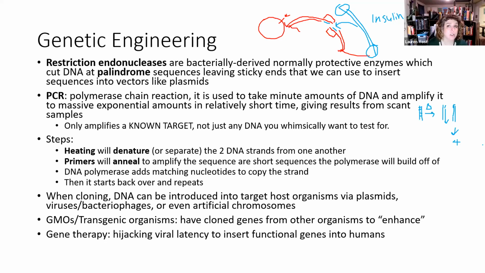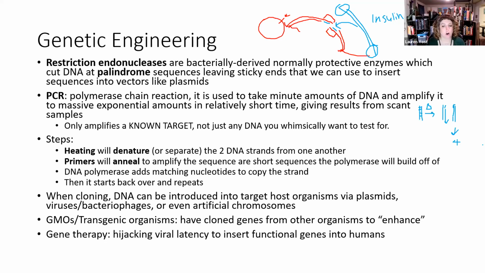Those anneal, or stick onto, those separated strands when we lower the temperature a little bit. Then the DNA polymerase, the Taq polymerase, will add matching nucleotides, A to T, and G to C, etc. And then it will just keep doing that over and over again: denature, anneal the primers, and then elongate, and repeat.